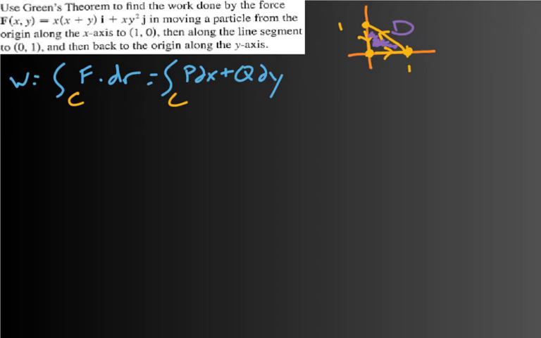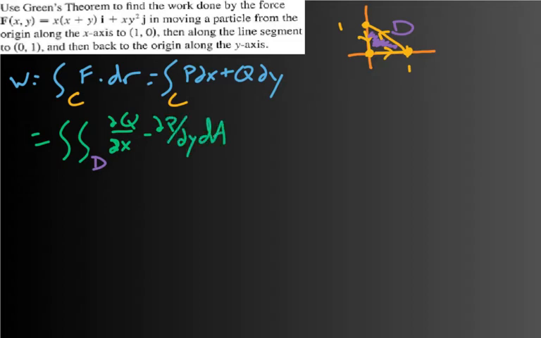And we know by Green's theorem now, this is the double integral over D, right? Again, let's maybe color code some stuff. And then it's going to be the partial of Q with respect to x minus the partial of P with respect to y, dA.